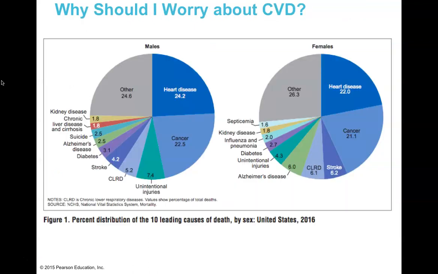So why should we care about this? Well, looking at the most common causes of death, we see for males and females, it takes up a big chunk, about a quarter there, slightly higher for men, but about a quarter of all deaths happen due to some form of heart or cardiovascular disease. So that is a huge number and extremely frightening, only followed by cancer.